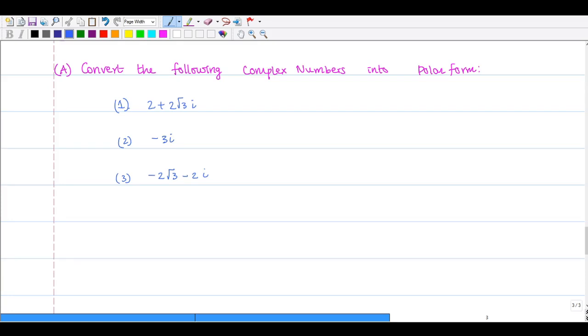Then the fourth problem is minus 4, and the fifth problem, I'll make the first term negative. What is the value of minus 1 plus i root 3? So find the polar form of these equations.